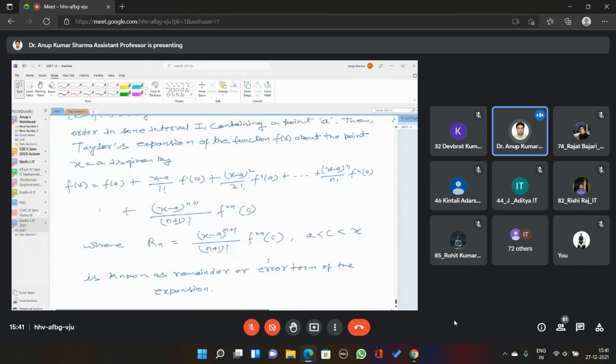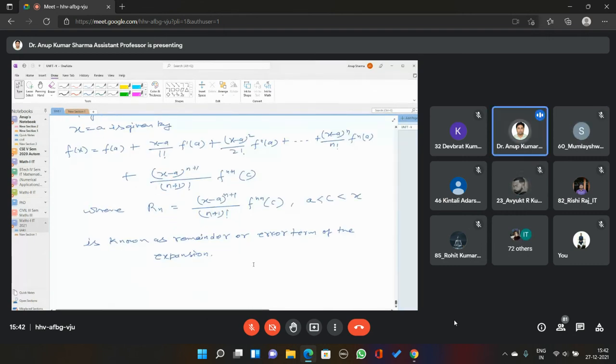So here C is the point which lies between A and X. Can you see what the interval could be here? The interval has a lower limit and an upper limit. What could the lower and upper limit be? Anybody? Yes, am I audible to all? Yes, sir.